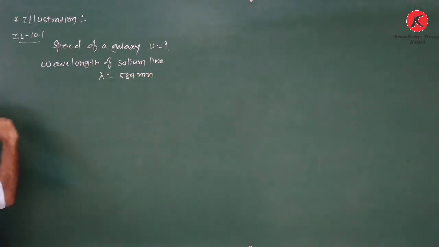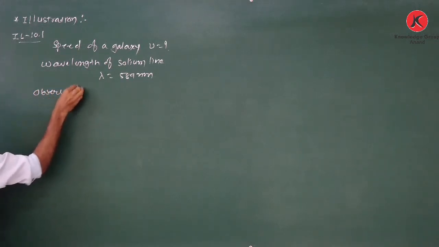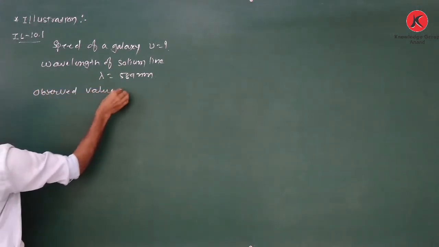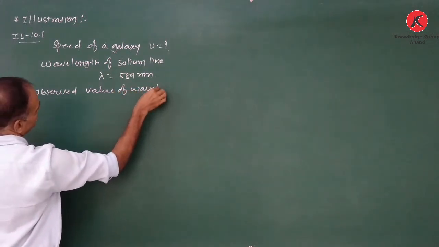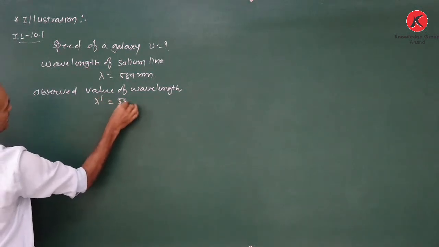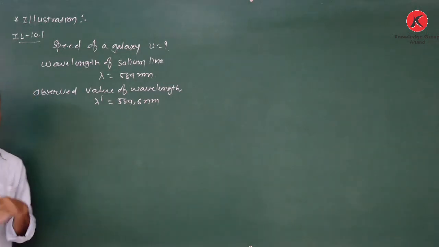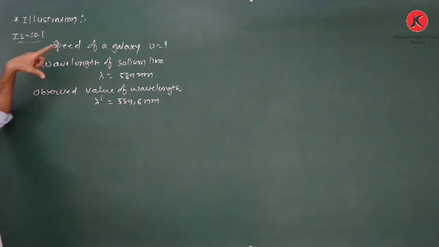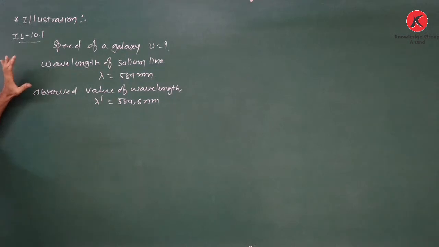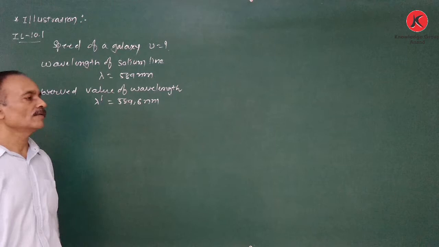But due to the speed of the galaxy, the observed value of wavelength, lambda dash, is 589.6 nanometer. So we have to find the speed at which the galaxy moves with respect to us so that the wavelength of the sodium light is observed as 589.6 nanometer instead of 589 nanometer.